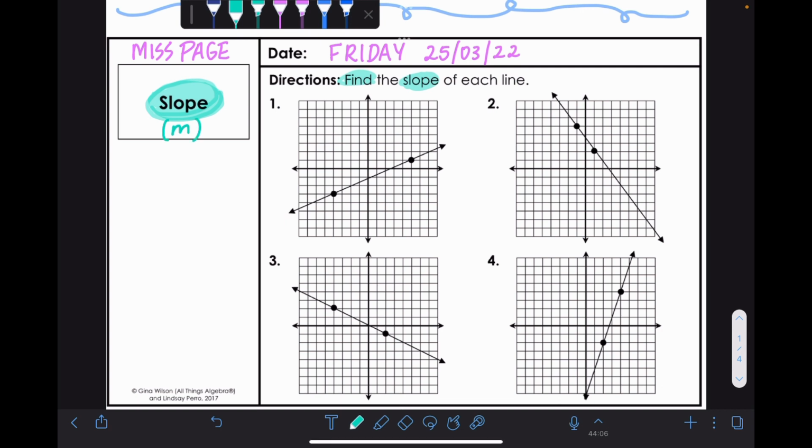We've seen this lowercase m around the place heaps of times. We've used it in our equation of our straight line, y equals mx plus c. So we've seen this around. We know that this is our slope algebraically and symbolically, and we know what this actually represents.